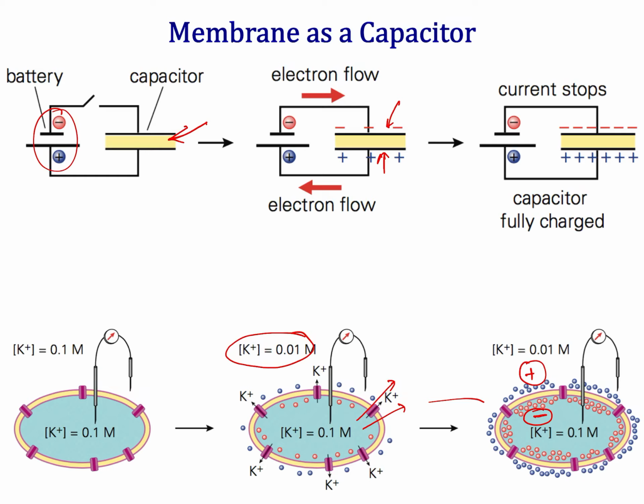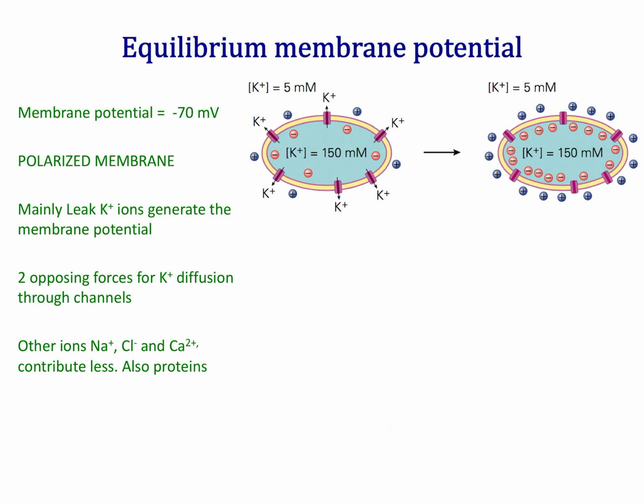Under these conditions, there will be positive ions accumulated outside the cell membrane, and negative ions accumulated inside the cell membrane. And this looks very similar to the capacitor in this circuit. And now the membrane is a capacitor which holds charge. We will return to this equilibrium between the chemical and the electrical gradients in a moment.